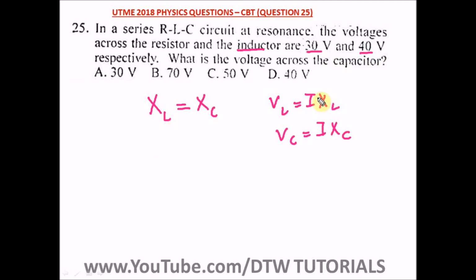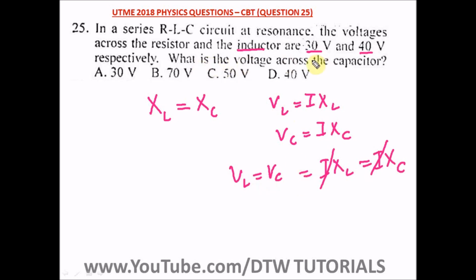If VL equals VC, then I XL equals I XC. The current cancels out, so you still have your inductive reactance equal to your capacitive reactance. So VL will be equal to VC.